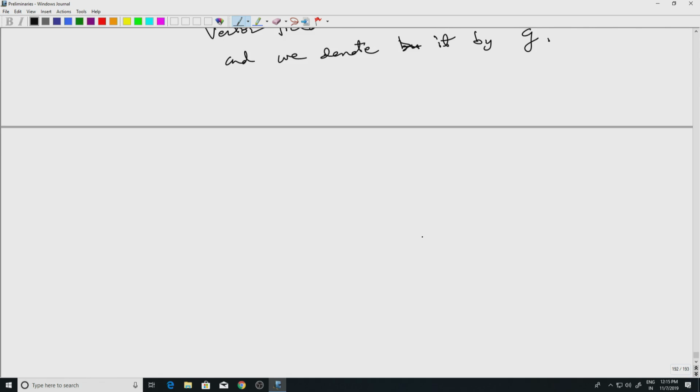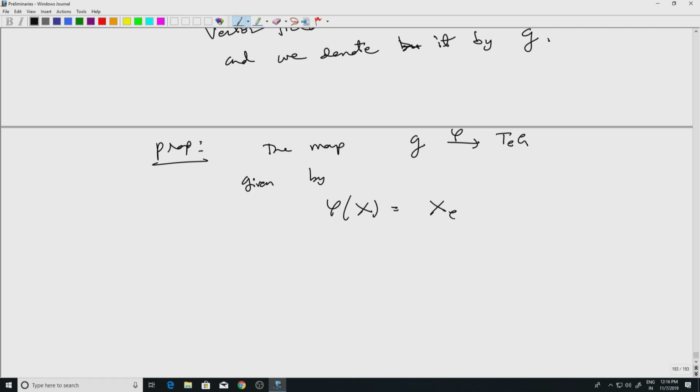But the left invariant vector fields form a finite dimensional vector space, and in fact our claim is that the map phi from Gothic G to the tangent space at identity, given by phi of X, where the input is a left invariant vector field and I just evaluate it at the identity, is a linear isomorphism.